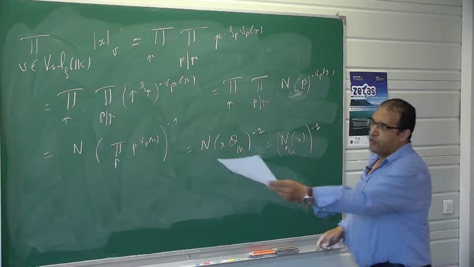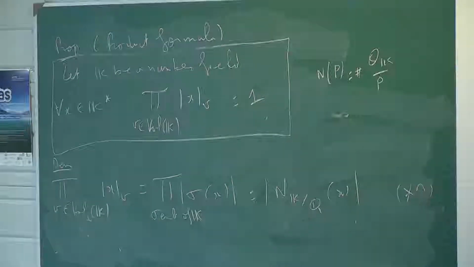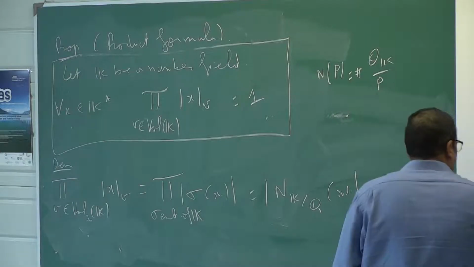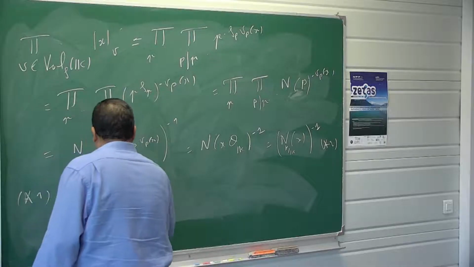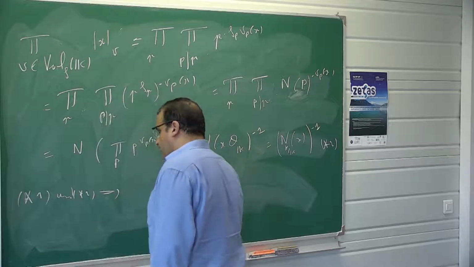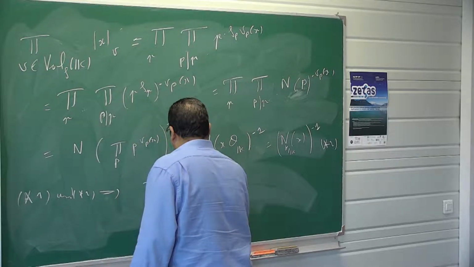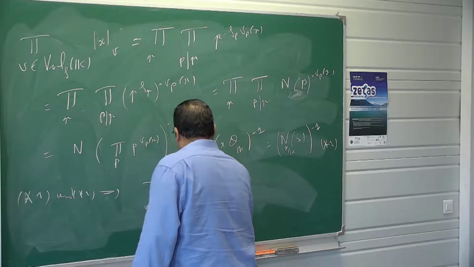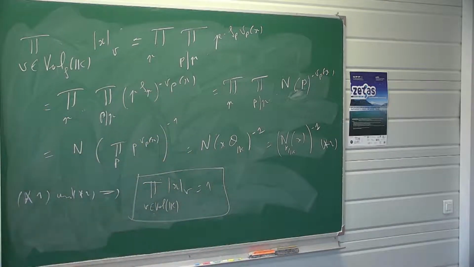So by using star 1 and star 2, these imply the result. So we get the product formula, and this is important in the definition of the norm.